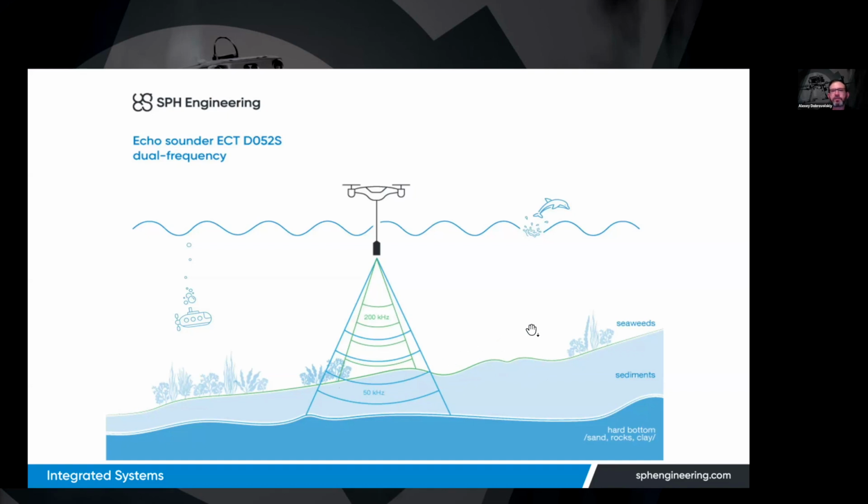And in case of organic or light sediments, lower sound with lower frequency will penetrate through to the hard bottom. Honestly, it is not guaranteed. It depends on the volume or thickness of sediments.